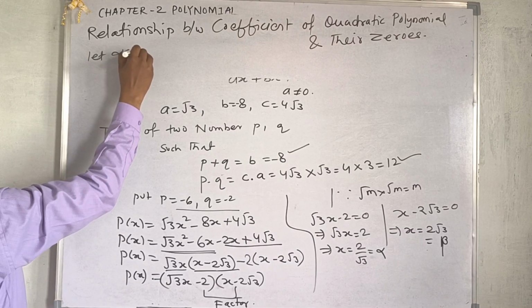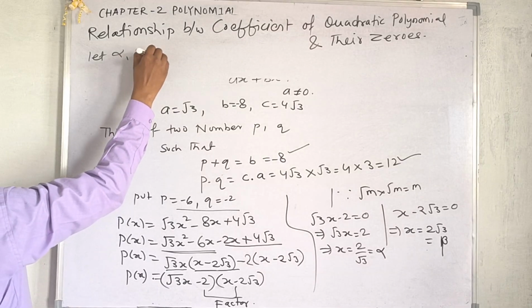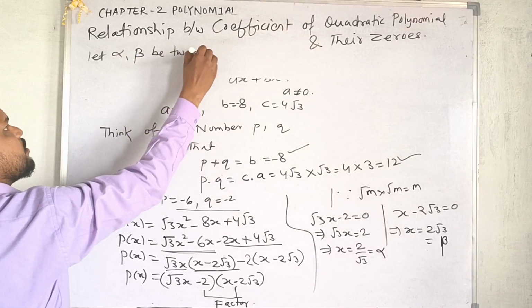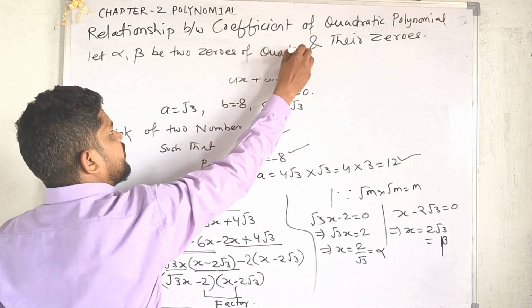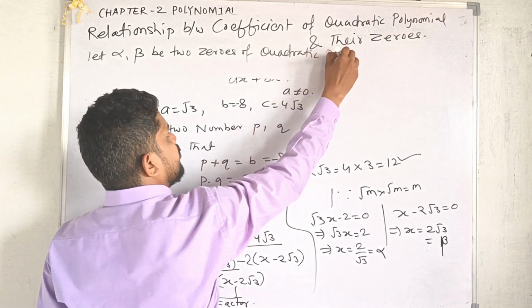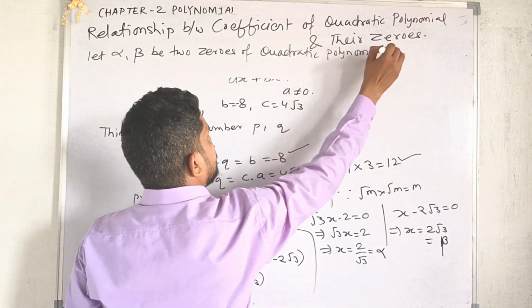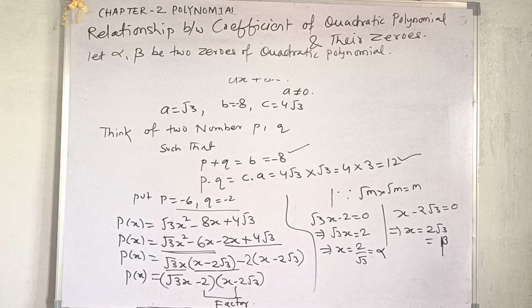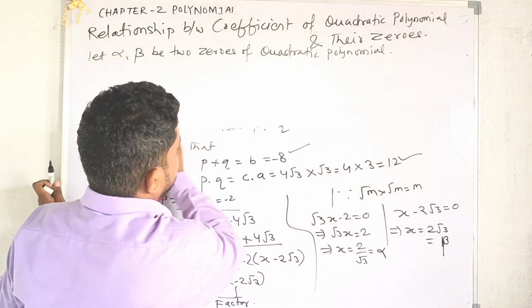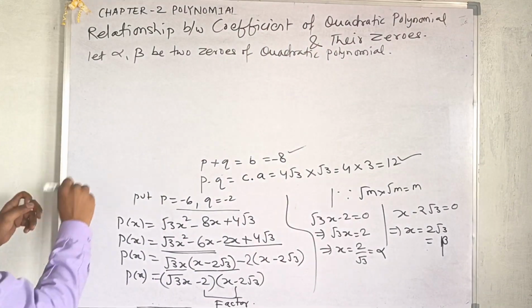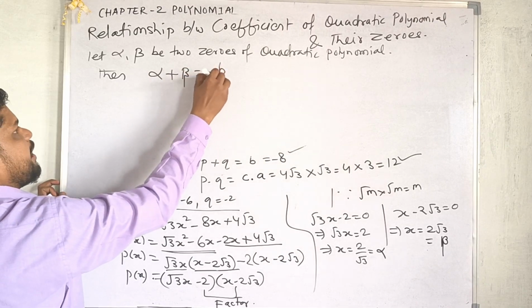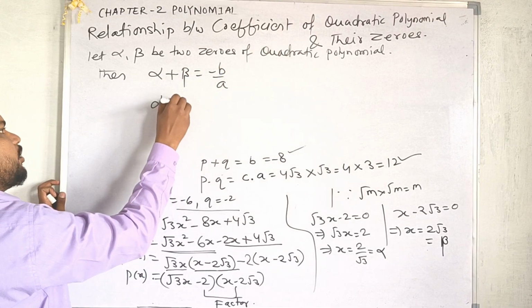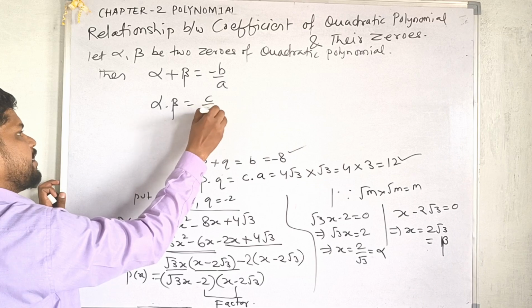let alpha and beta be the two zeros of a quadratic polynomial, then their sum, alpha plus beta, should be equal to minus b by a, and the product, alpha dot beta, should be equal to c by a.